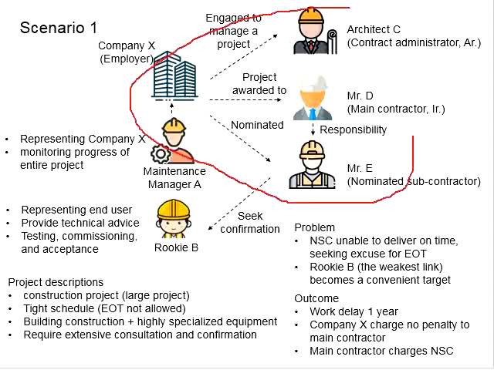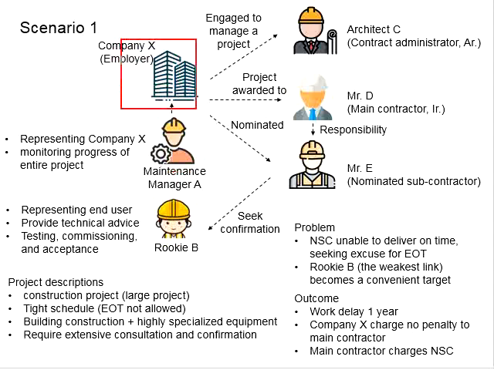Among all the parties here, they are all well experienced. We are talking about a big company, company X. We are also talking about a large project, and the people involved are well experienced. The weakest link here is the rookie, a fresh graduate engineer.